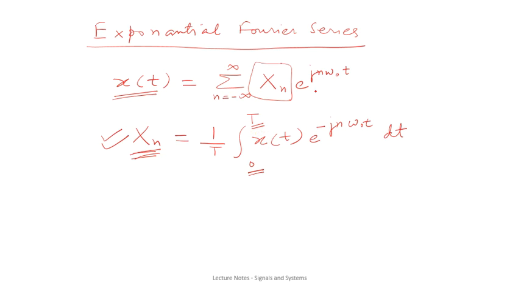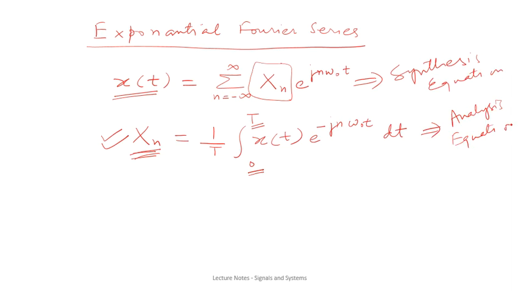Sometimes this equation is called the synthesis equation, and this is called the analysis equation. But mainly just remember that to calculate the coefficients of the exponential Fourier series, you have to use this expression.